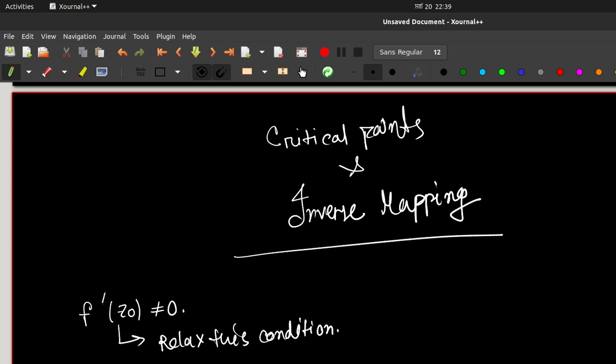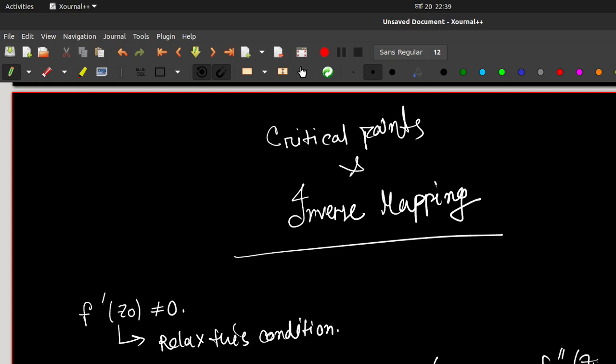We suppose that for any point z naught belonging to D, the first derivative f prime of z naught can be 0.